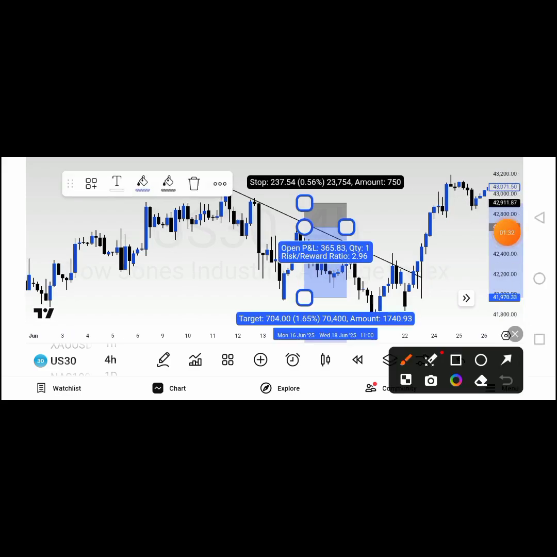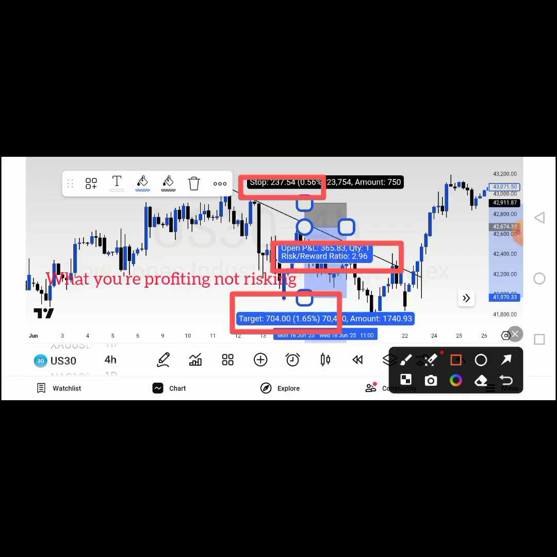Now let me show you something in this tool, right? When you look up here, you will see stop level. This is showing you what you are risking. And actually this US 30 market is a stock index. If you look at this place, you will see targets. Then when you look at this place, you will see risk to reward ratio.